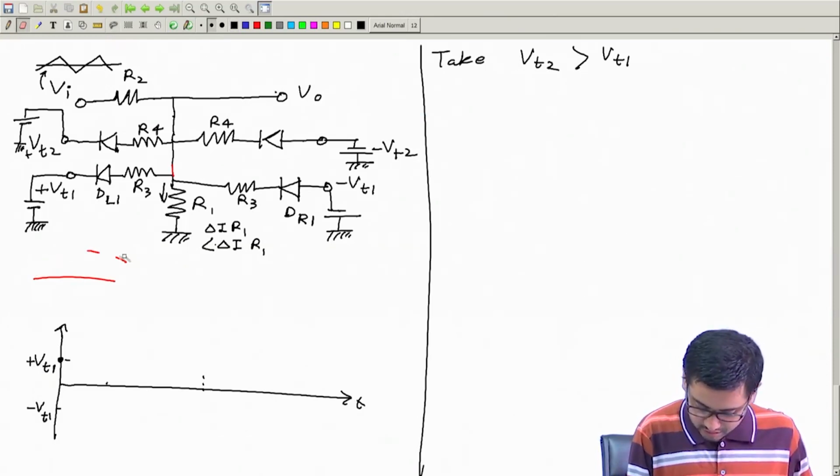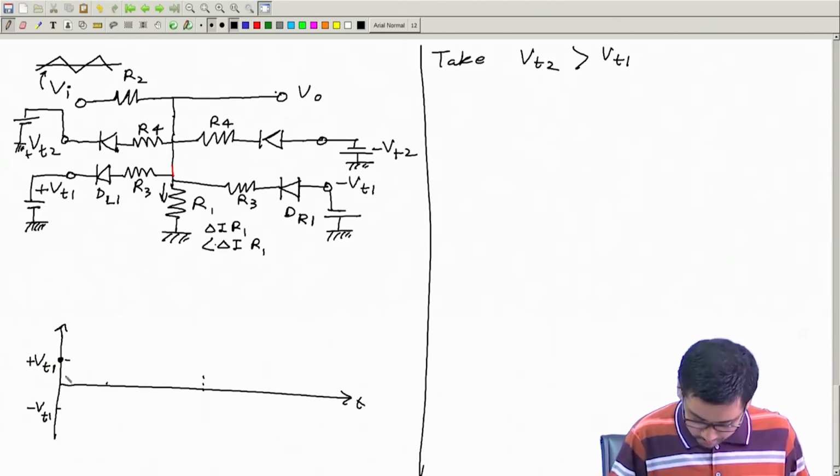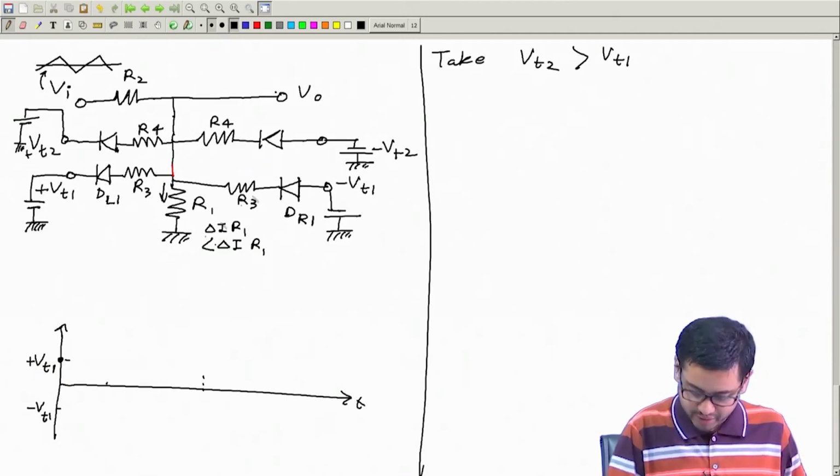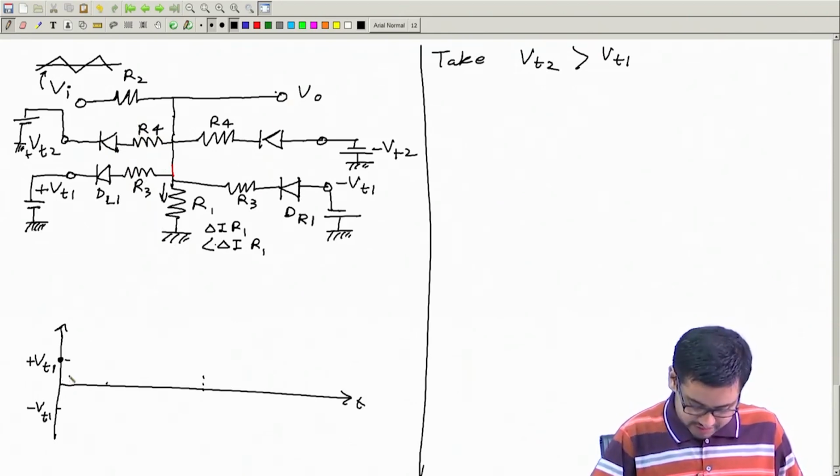If these branches were not there, in the absence of these branches, VO increases like this.